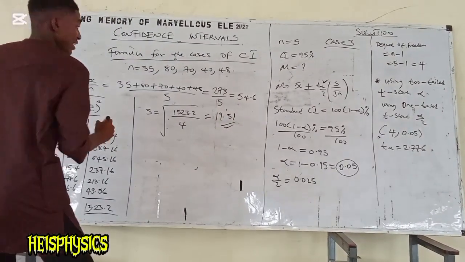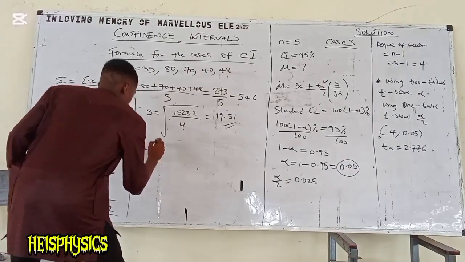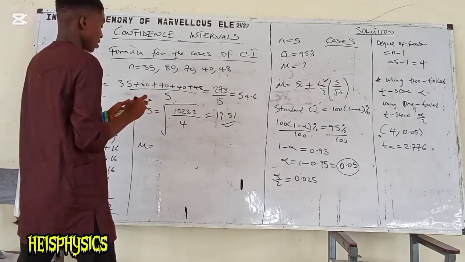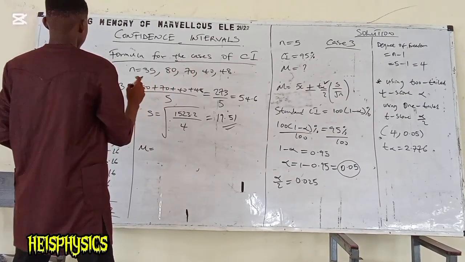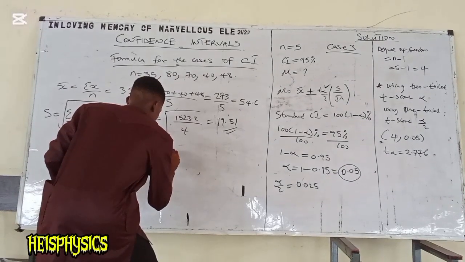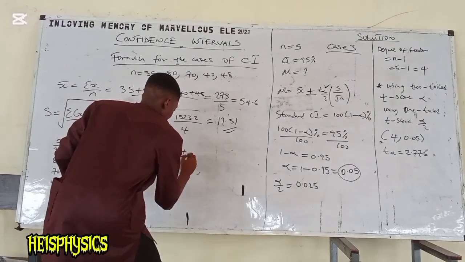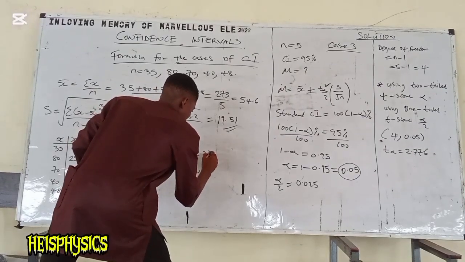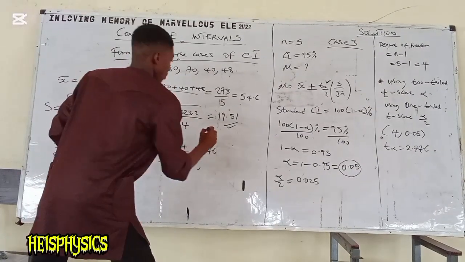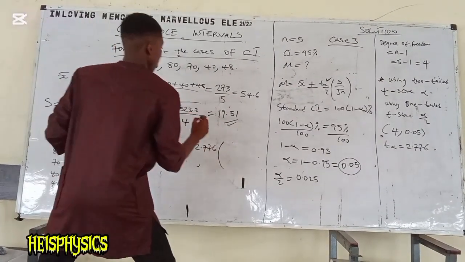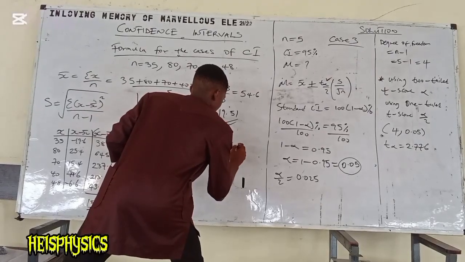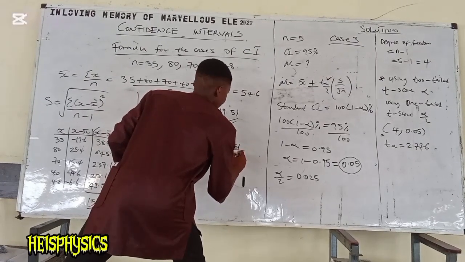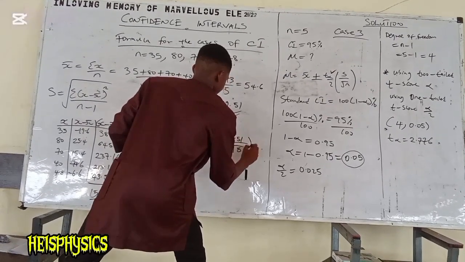So now finally our population mean is what? X bar, which is 54.6, plus or minus t-score 2.776, in brackets standard deviation 19.51 all over square root of n, which is 5.